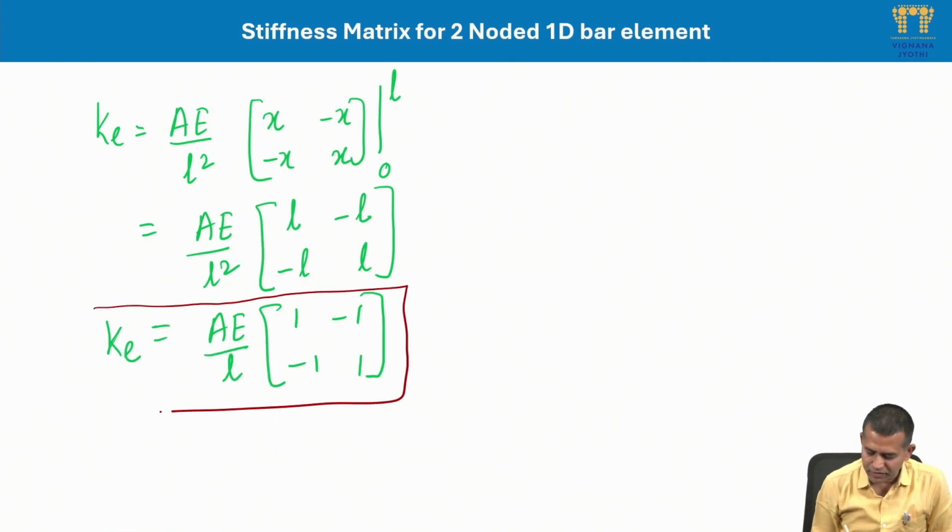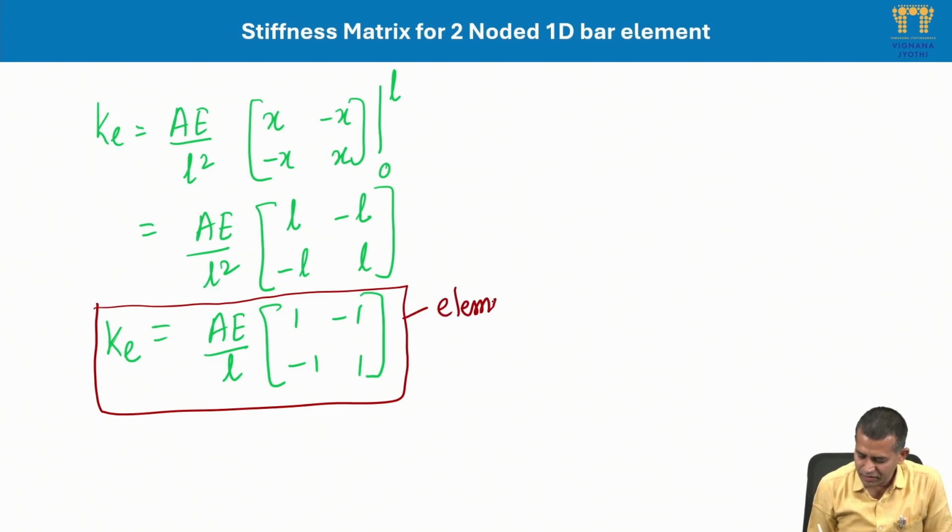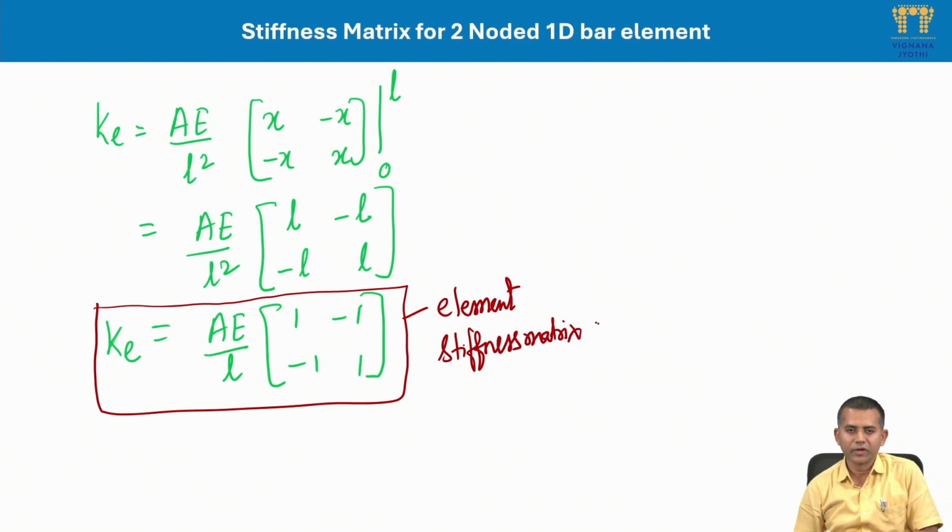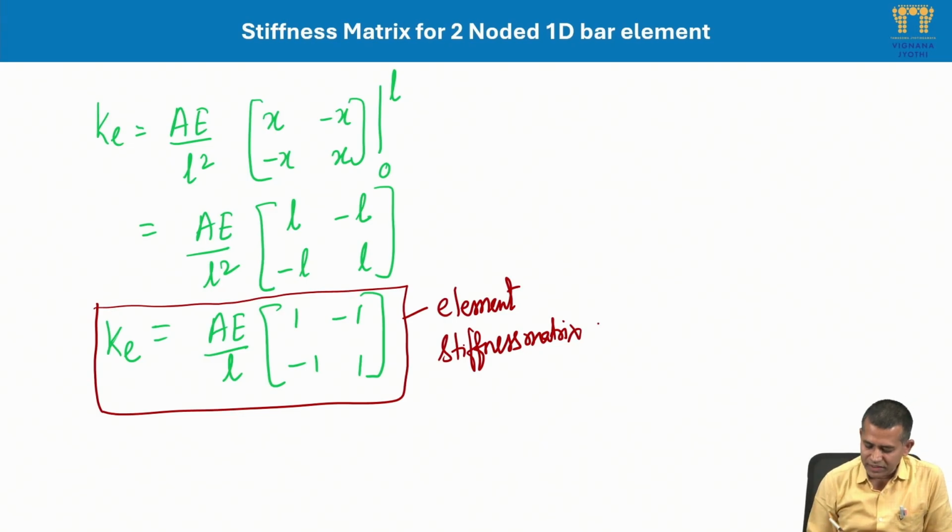So this is a very important matrix to understand. That is your stiffness. So this is called the element stiffness matrix. Since we have considered 2 nodes, if you observe, we got this element stiffness matrix as 2 by 2.